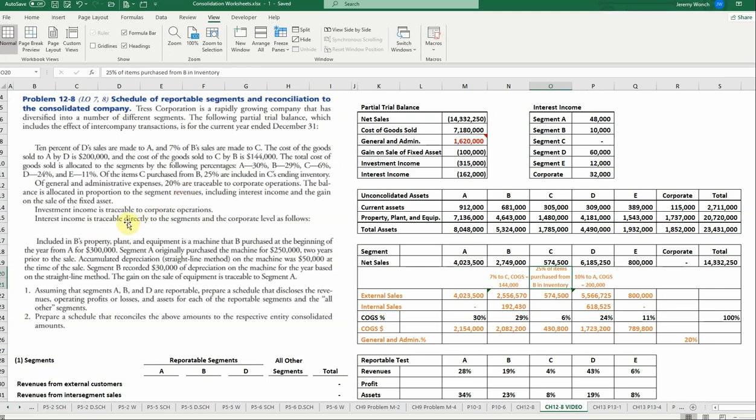The balance is allocated proportional to the segment revenues. And let's see, the investment income is traceable to corporate operations. Interest income is shown right here.